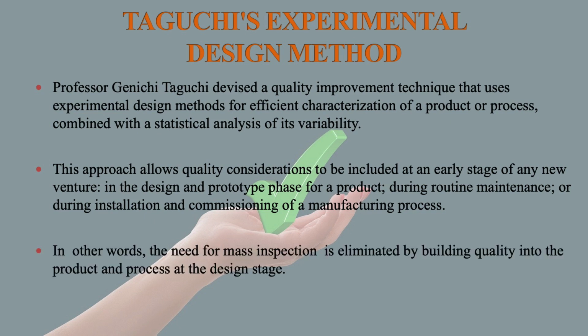In other words, the need for mass inspection is eliminated by building quality into the product and process at the design stage. So Professor Taguchi devised a quality improvement method. It is known as the experimental design method, which is also known as the robust design method.